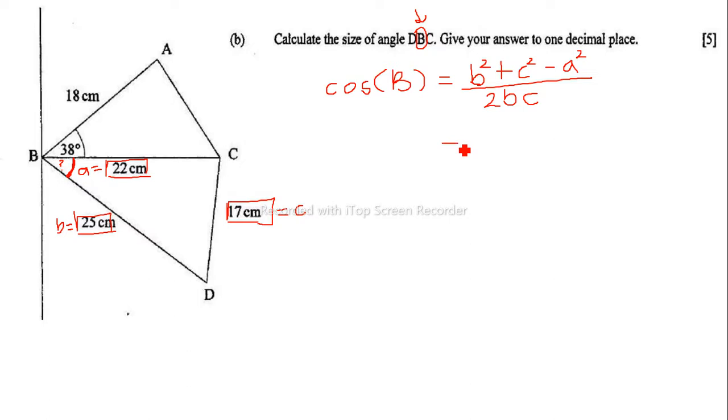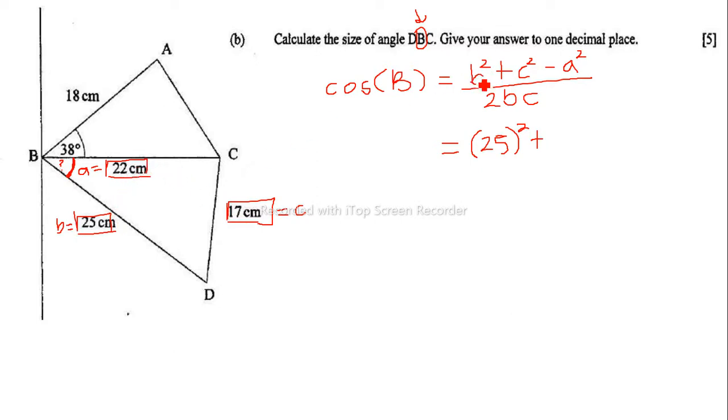Alright, so help me substitute. What is B? 25 centimeters. Good. So B here, like we said, is 25 centimeters. I'm not going to put the centimeters in here because it's going to take up too much space, so I'm just putting 25 squared. Mr. Petit, can you place the letters anywhere? Yeah, this could be B, this could be C, this could be A. It doesn't matter.